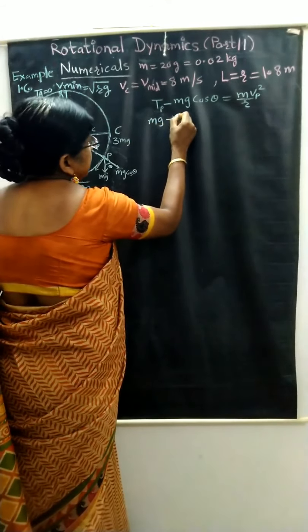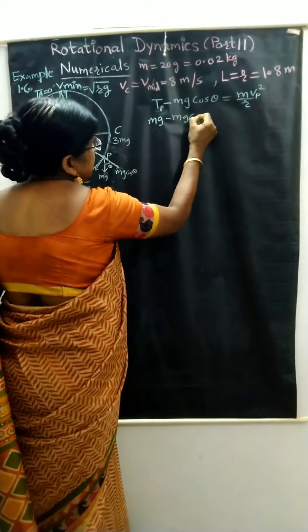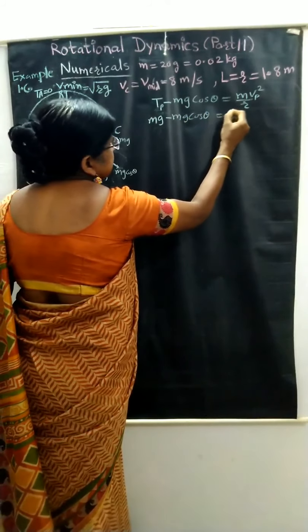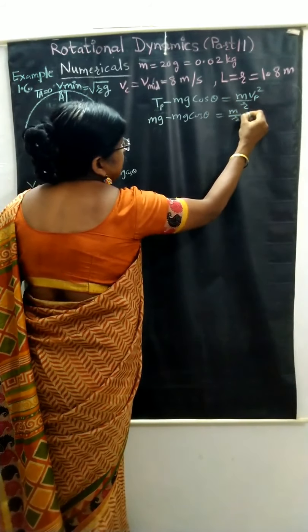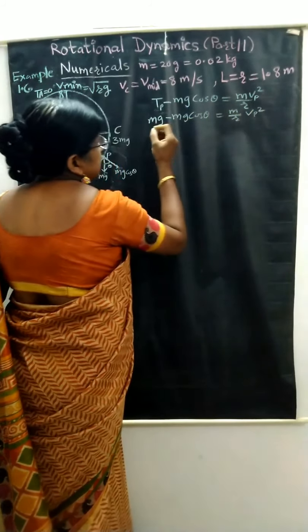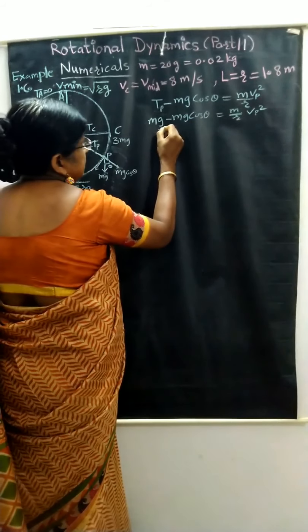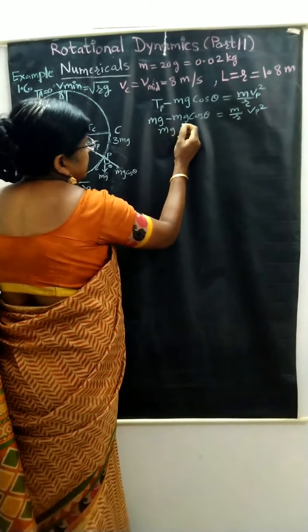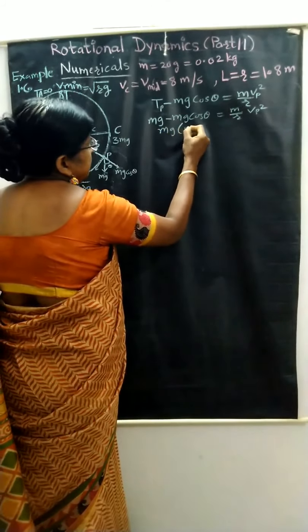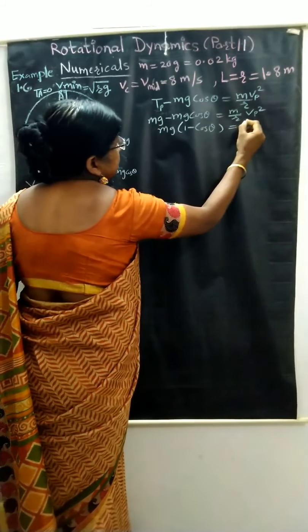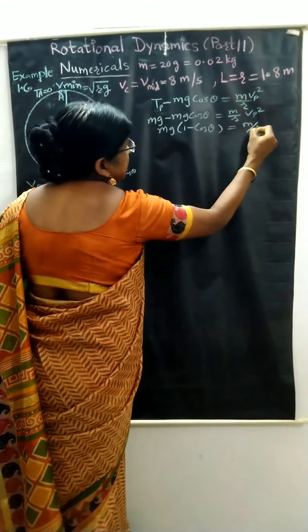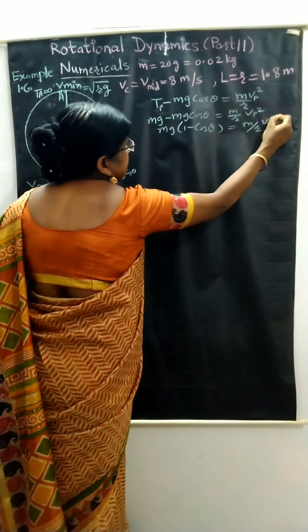So mg minus mg cos theta is equal to m by r into Vp square. Now mg is common here. In bracket, it will be 1 minus cos theta and it is equal to m by r into Vp square.